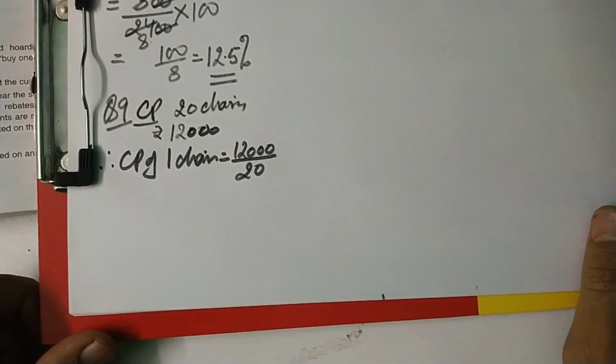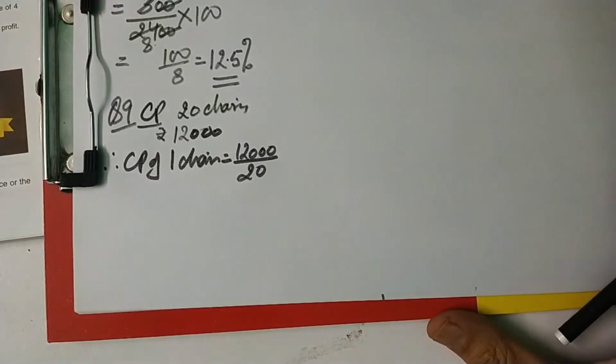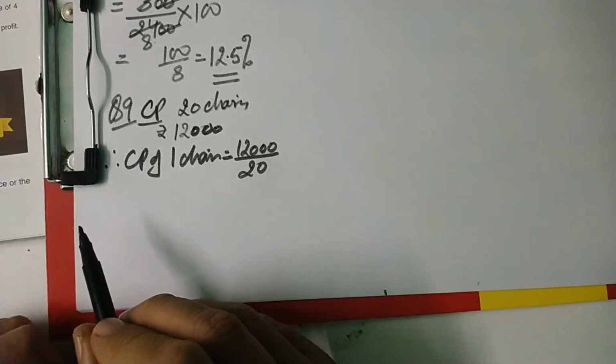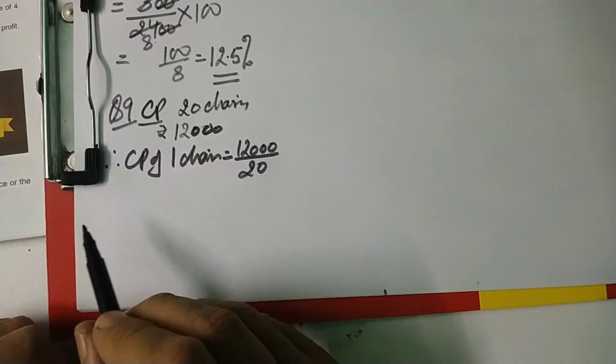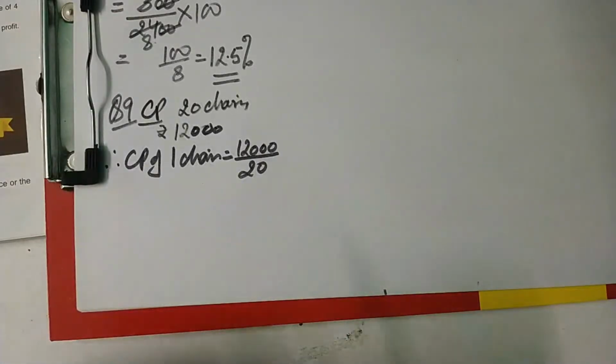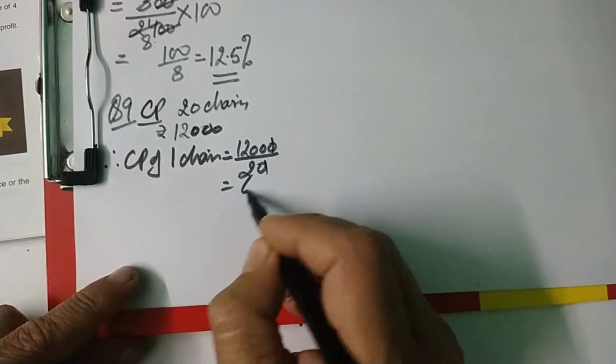The selling price of 4 chairs is not given. Find the selling price of one chair. So what will you do in this case? CP of one chair, if you divide, it will become 600.